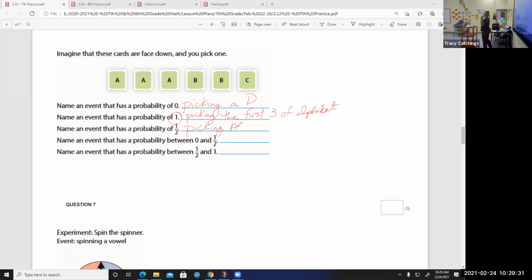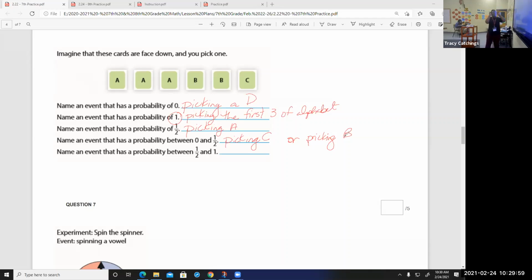If 3 made a half, that means I need something that's less than 3. What can I say about something up there that's less than 3? Picking a C. Or I could have said picking B, just in case somebody may choose that one.